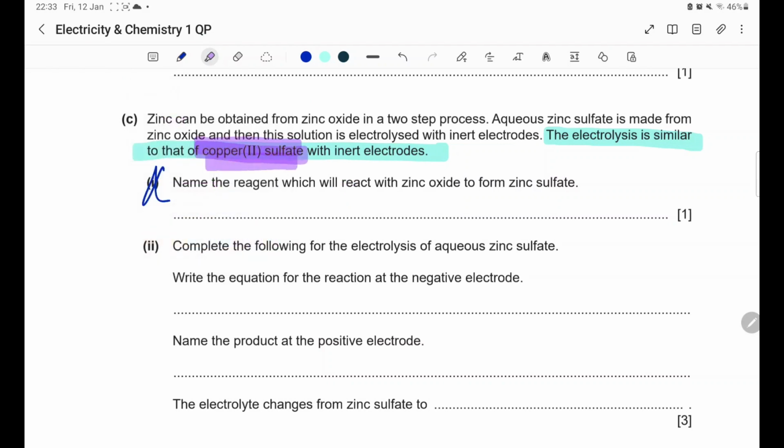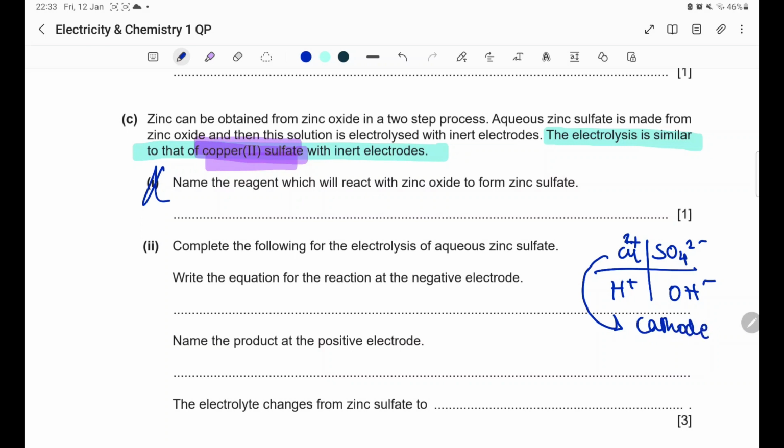Very, very important. As copper is less reactive than hydrogen, Cu2+ is the one that goes forward to the cathode, not hydrogen, because copper is under hydrogen in the reactivity series, and the less reactive one is the one that goes forward for the ionization and electrolysis.